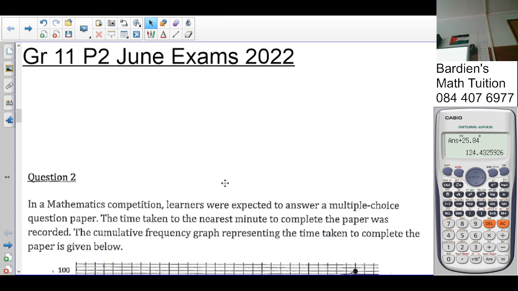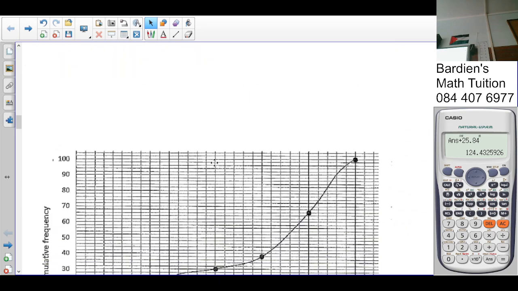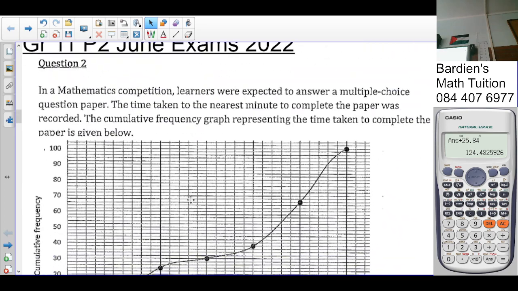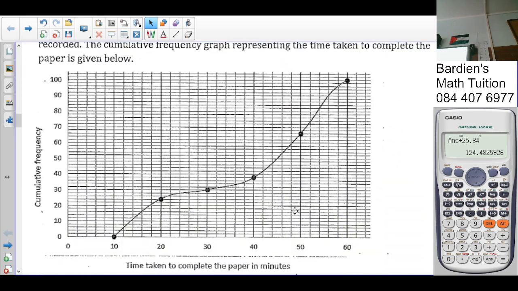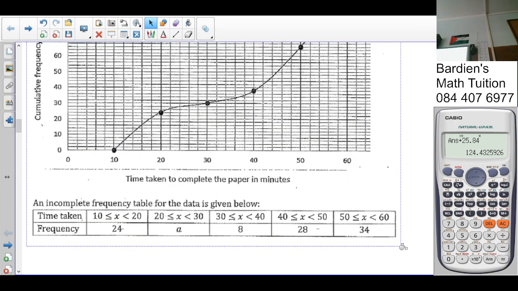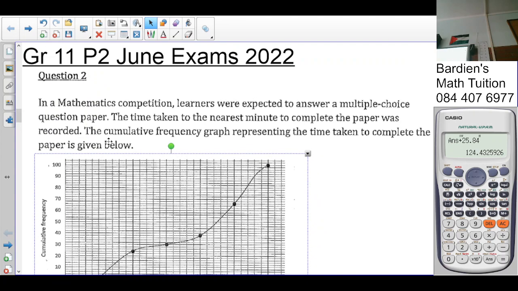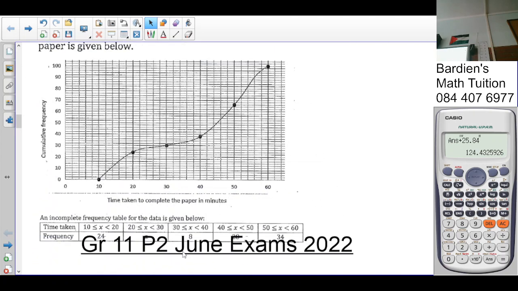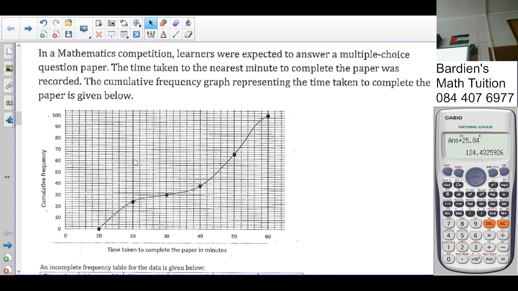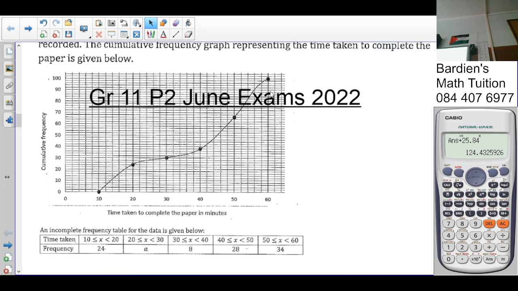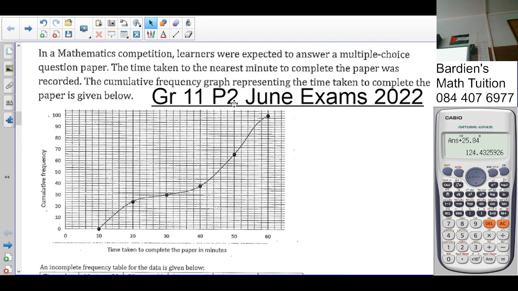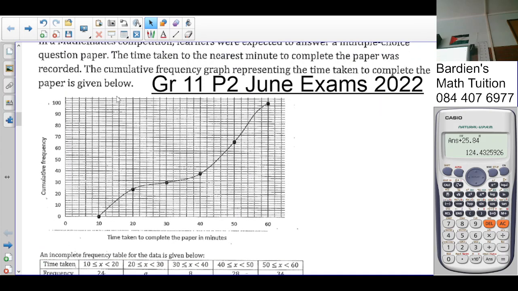Let's look at question 2. Another stats question here. In question 2 we are told that in the mathematics competition, learners were expected to answer a multiple choice question paper. The time taken to the nearest minute to complete the paper was recorded.